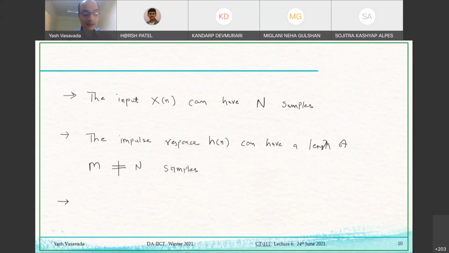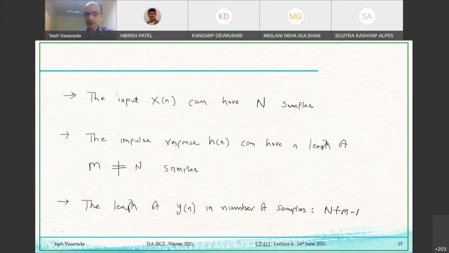No relation between them. But in this case, the length of the output, the length of y of n in number of samples is going to be capital N plus capital M minus 1. So this is a formula that you can remember.